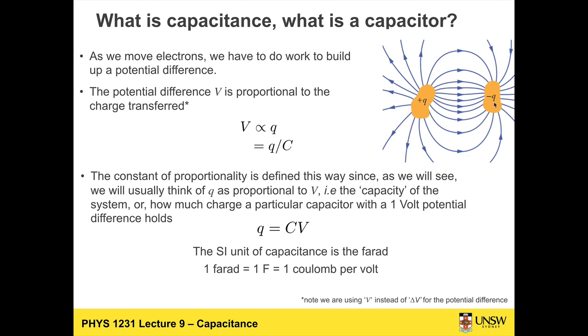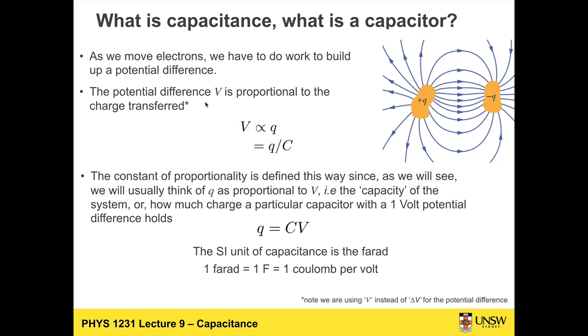So we move positive charge, or equivalently we can think of moving electrons, negative charge, from the conductor on the left to the one on the right. As we move charge, these conductors become charged up and we create an electric field. And what you always find is the potential difference, and instead of having delta V written everywhere, we can just write it as V, essentially.